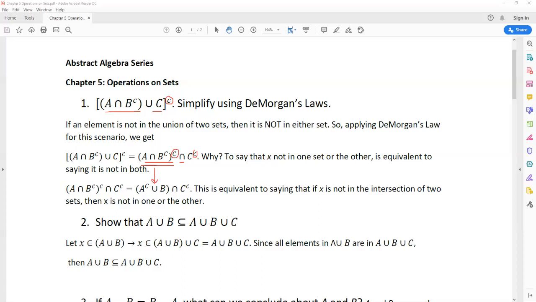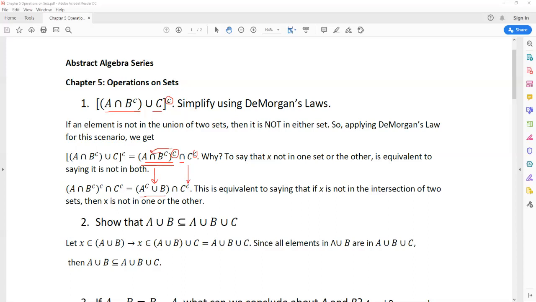This is equivalent to saying that if X is not in the intersection of two sets, then X is not in one or the other. And then of course I just brought down the intersection of C complement.